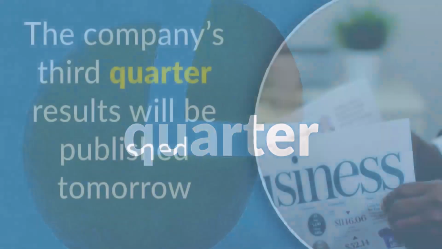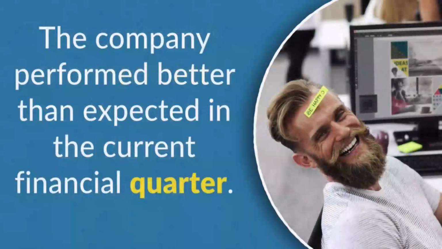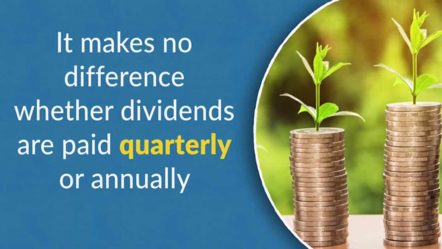Some example sentences: the company's third quarter results will be published tomorrow. The company performed better than expected in the current financial quarter. It makes no difference whether dividends are paid quarterly or annually. So here, quarterly is an adverb, the adverb form of quarter.